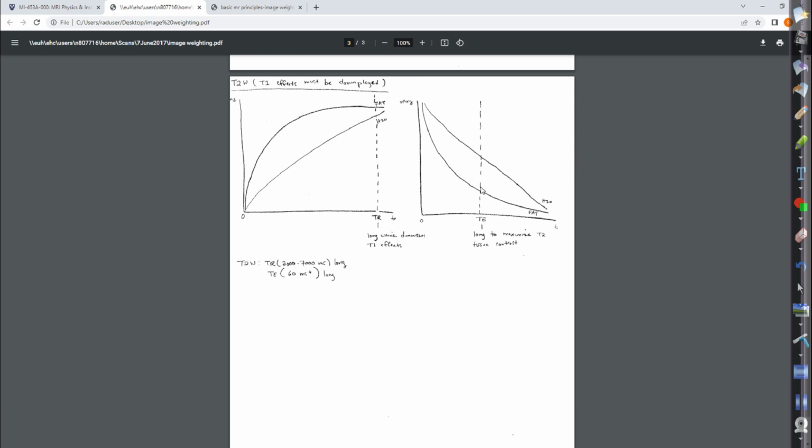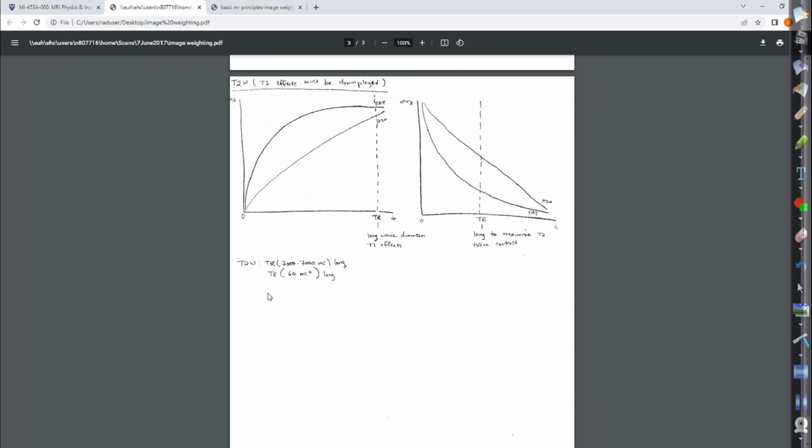They get some contrast between them, and then we sample their echo. And you can see here by selecting a long TE, it will maximize or highlight T2 contrast. So then here is the range for a T2 weighted image. A long TR, 2,000 to 7,000 milliseconds, and a long TE, greater than 60 milliseconds.